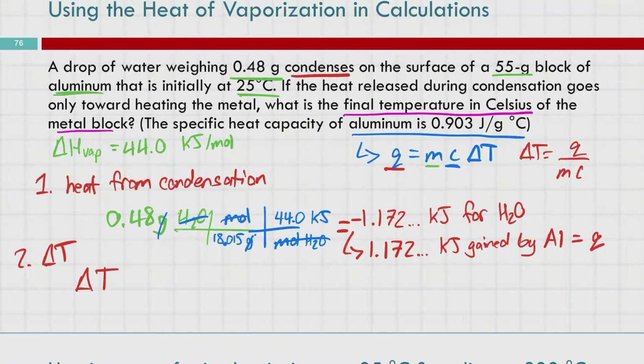So step 2, we're going to find the delta T, that way we can figure out what the final temperature is. So it's equal to Q, 1.172 ... kilojoules. Probably should keep track of that being two significant figures. Kilojoules over grams, 55 grams, and C, which is 0.903 kilojoules per gram degrees Celsius. So the gram degrees Celsius could flip to the top.